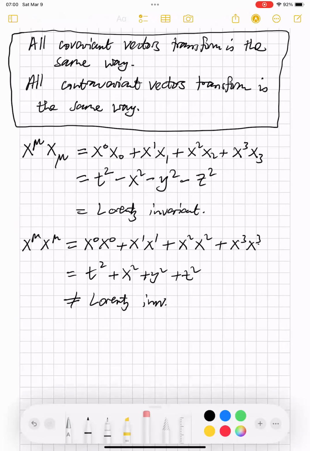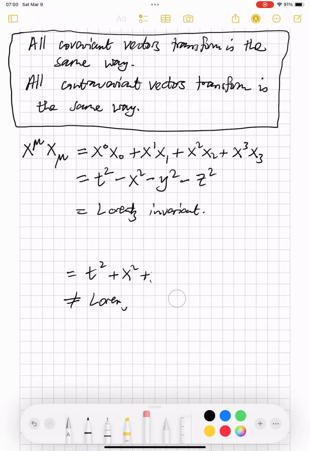So whenever you perform a contraction, you can never contract two indices up or two indices down. That doesn't give you anything meaningful for physics. You must always contract one index up and one index down. So that's a very important rule.